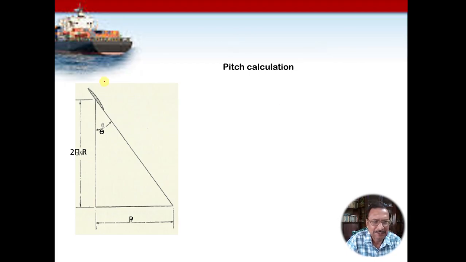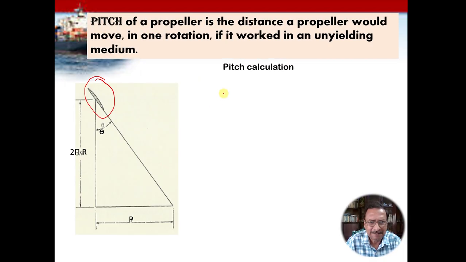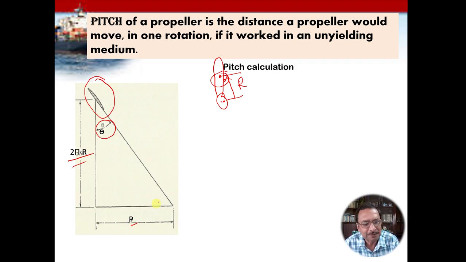So this is the blade angle at which it is twisted at a certain distance r from the center. At this point, this is the twist angle theta. This is the distance that the propeller would move in one rotation, and the base is the pitch.